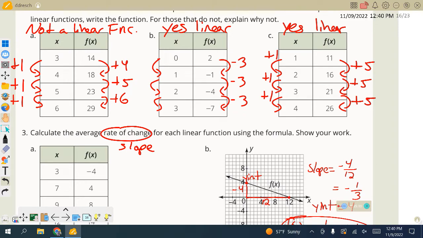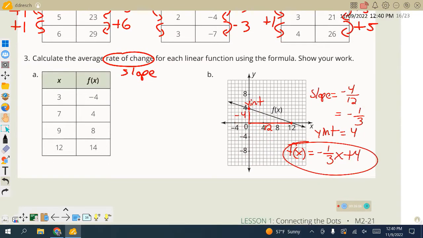Let's do a little closing on things. So on that quiz Monday, numbers 1 and 2 is what I'm about to ask you to do.